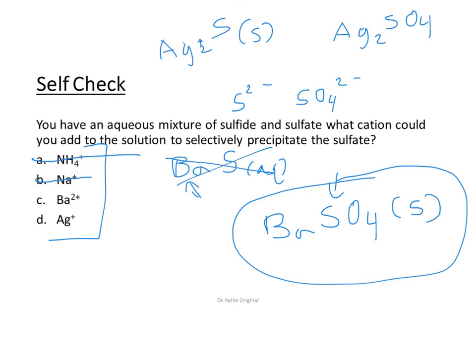Anything that contains sulfate is soluble except for silver, mercury, lead, and that gang of 2. So if you added silver to your solution, both your sulfide and your sulfate would become solids. Only by adding barium could you allow the sulfate to come out of solution and the sulfide to remain in solution.